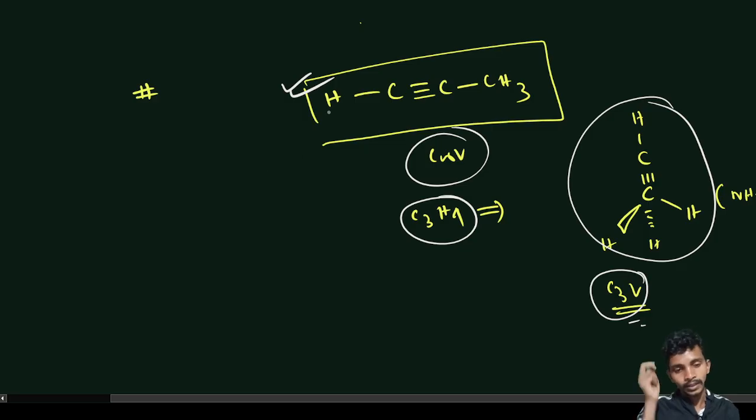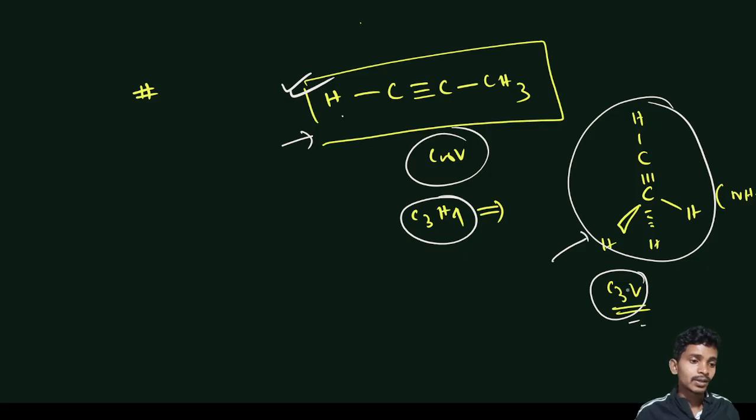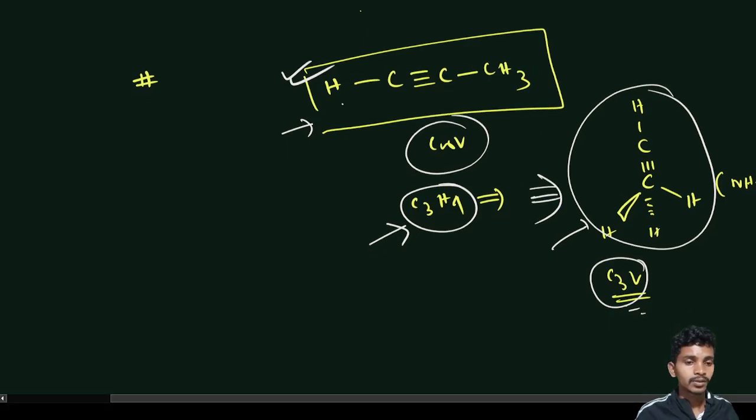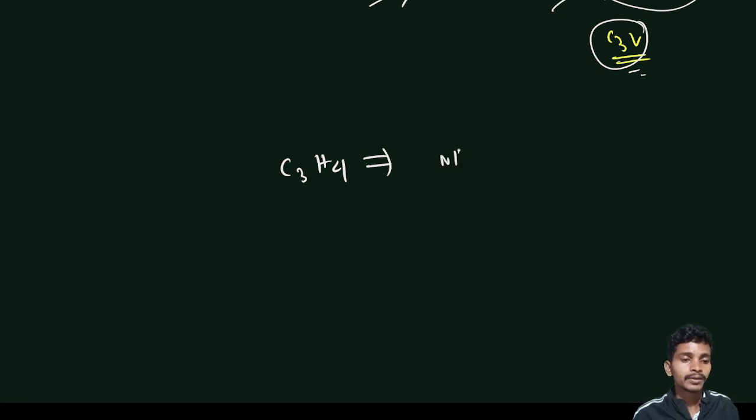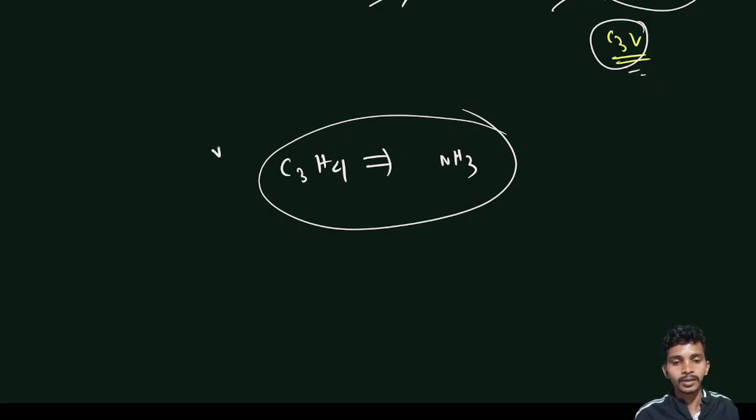Remember that if this is particularly mentioned, then you have to do this, and if this is mentioned, then obviously you have to do this, and if simply this question is asked, then we have to draw like ammonia, not these groups. Okay, so this sometimes gets confused. So if C3H4 is written, then draw like ammonia, and if the structure is given, then we have to go like that. Okay, you have to remember this.